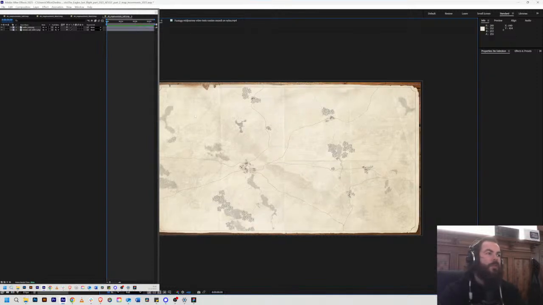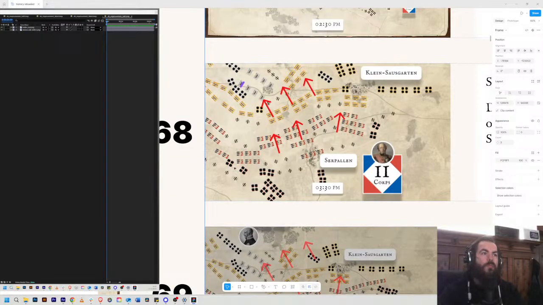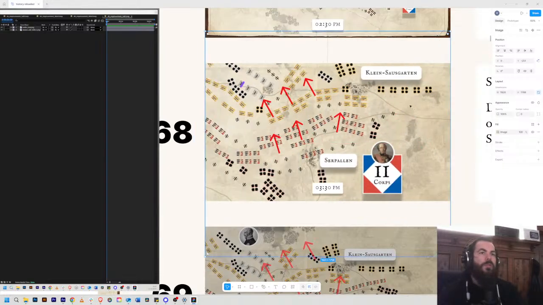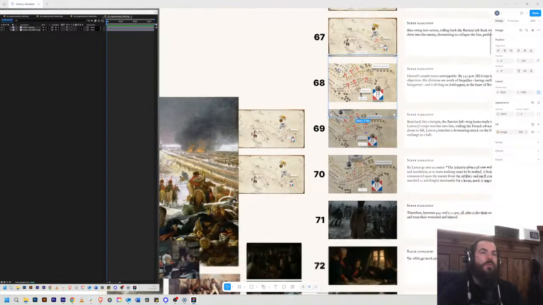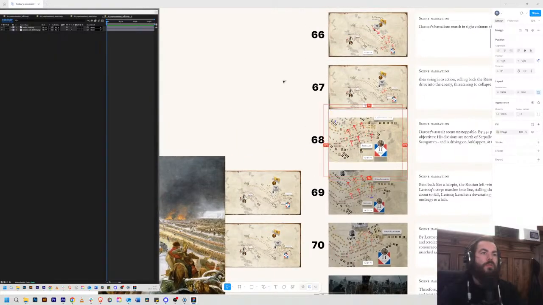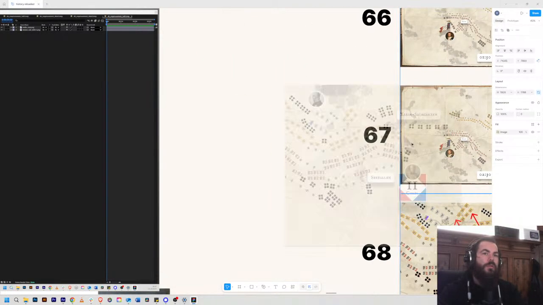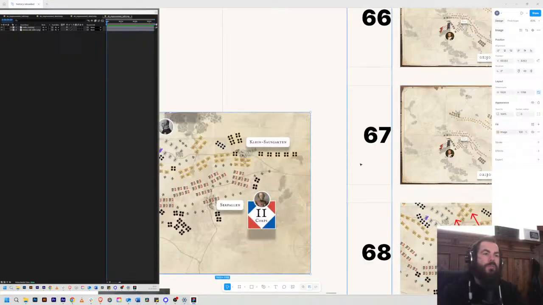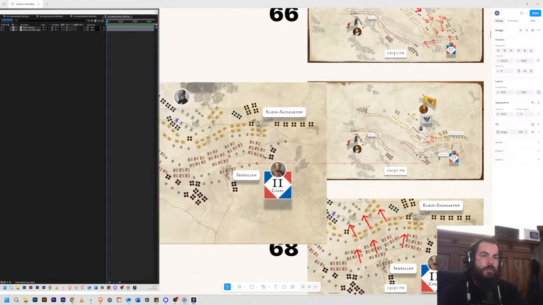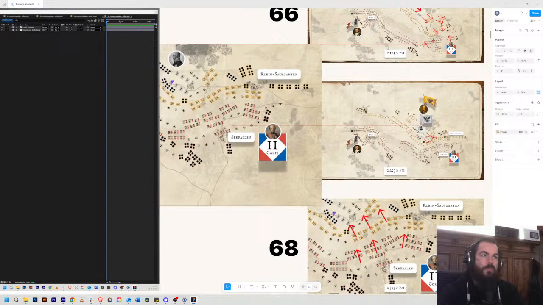So as soon as we've done that, let's see if we can extract this picture. Let's compare this one to the position we had before.